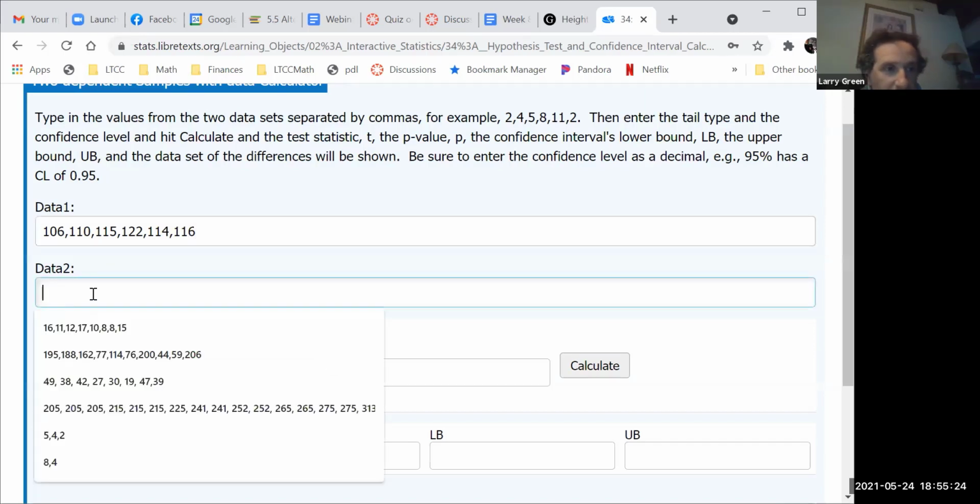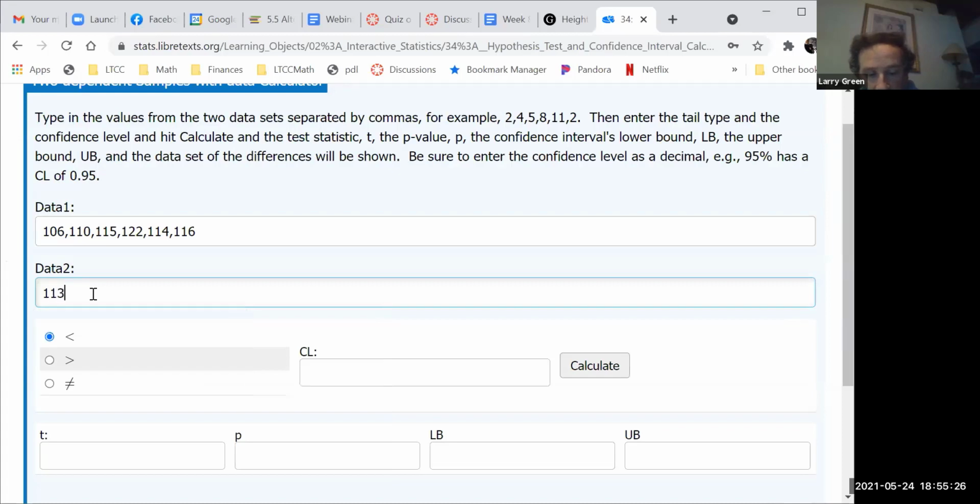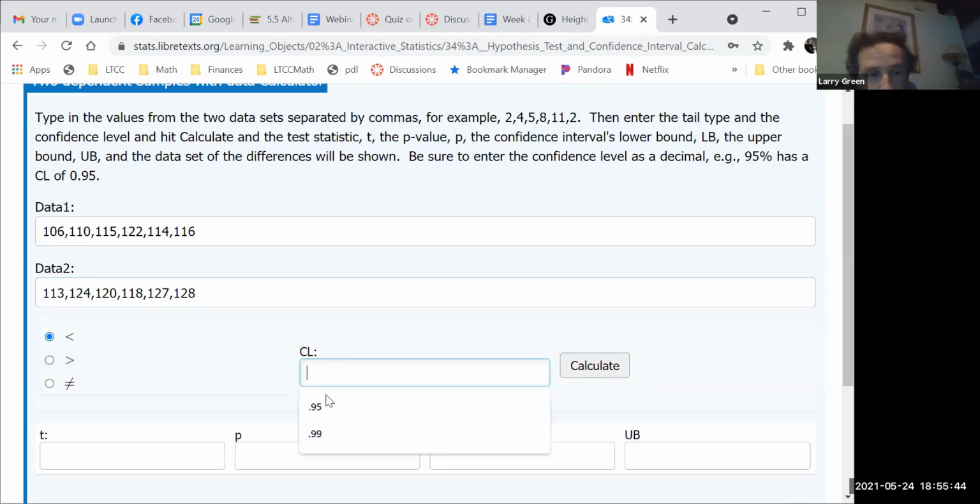And data 2 is 113, 124, 120, 118, 127, 128. How about a confidence level of 0.95? Sounds good. And hey, calculate.